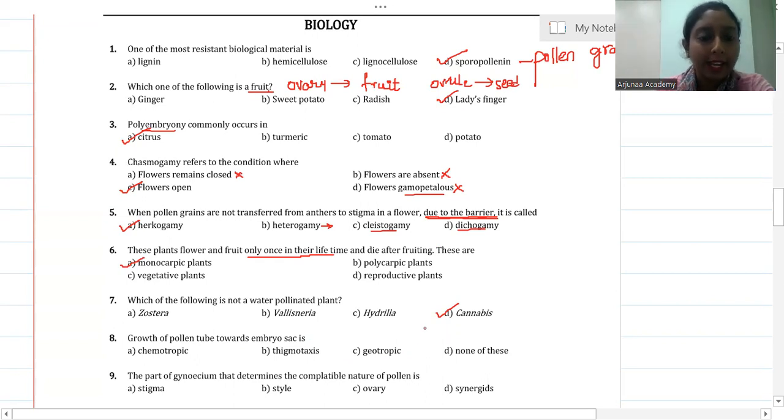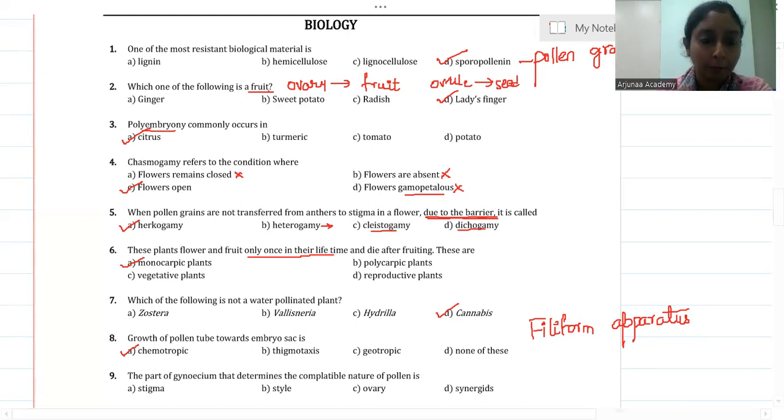To enter, there is the filiform apparatus. This filiform apparatus is present in synergids and they guide the pollen tube entry. How do they guide? They release some chemicals, and because of those chemicals, the pollen tube is attracted. So here the answer will be chemotropic. Chemotropic means movement towards the chemical.